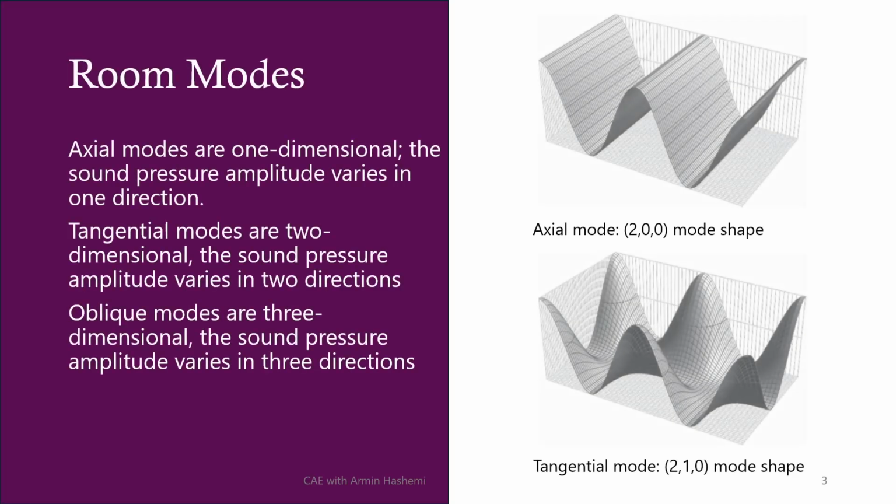In a room, acoustic modes are classified into three categories based on how the sound pressure varies. First, axial modes. These are one-dimensional modes where the sound pressure varies along only one direction between two opposite parallel surfaces, such as the front and back walls or side walls. Second, tangential modes.